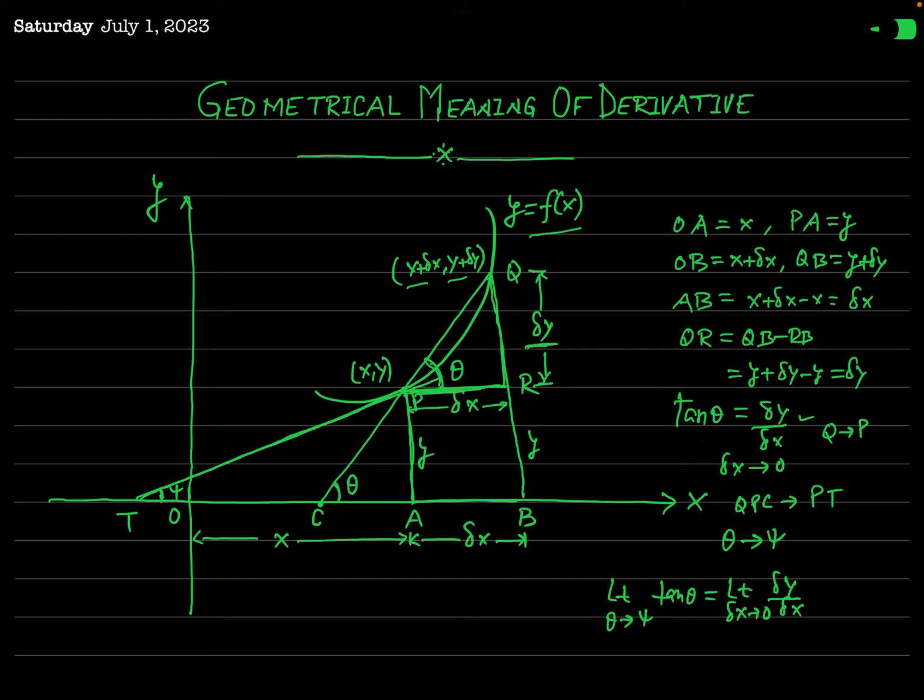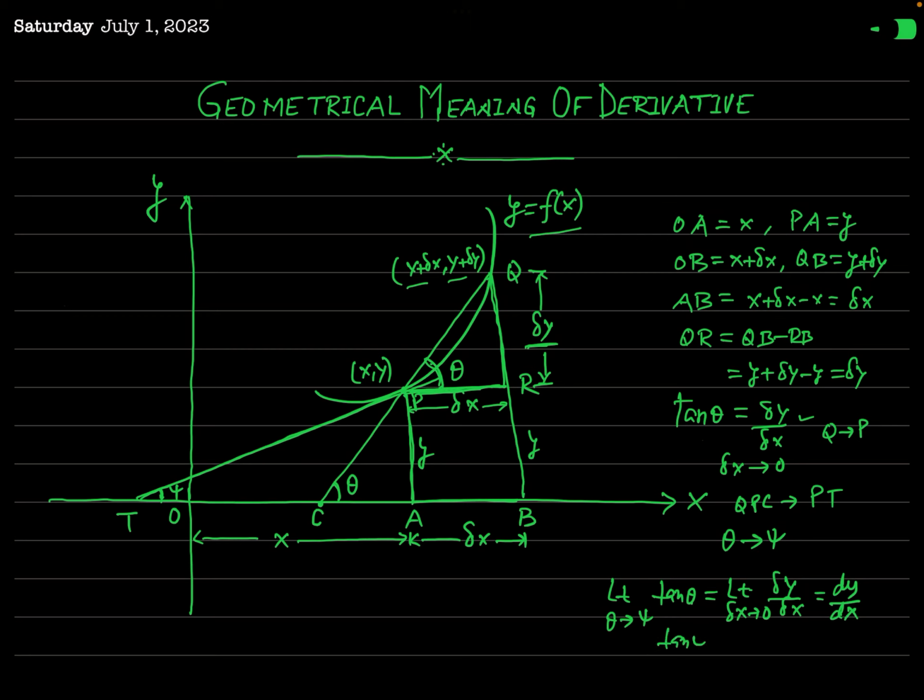And you know from calculus that this limit delta X tends to 0 of delta Y by delta X is just equal to dy by dx, from the definition of derivative or differential coefficient of y with respect to x. And we will substitute psi in place of theta.